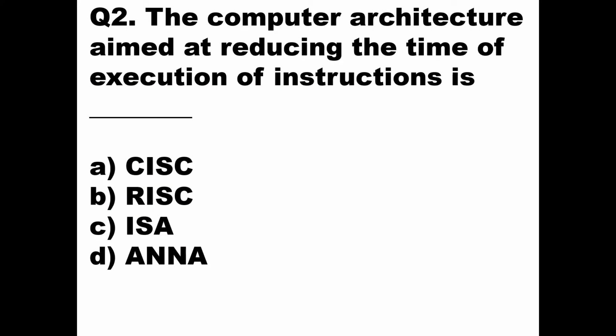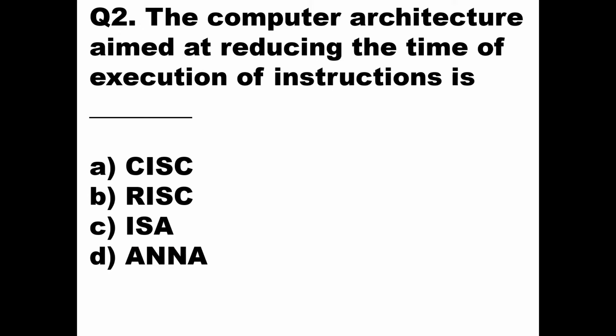The computer architecture aimed at reducing the time of execution of instruction is. The architecture will be either CISC or RISC, and if you want to reduce the time of execution of instructions, very few instructions will be there which require a smaller number of machine cycles, and that is done only in RISC.